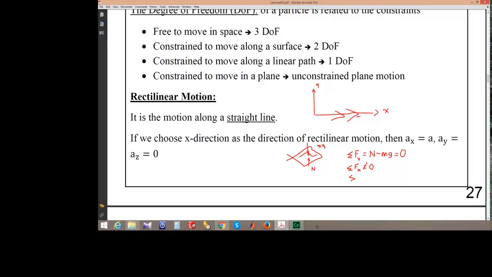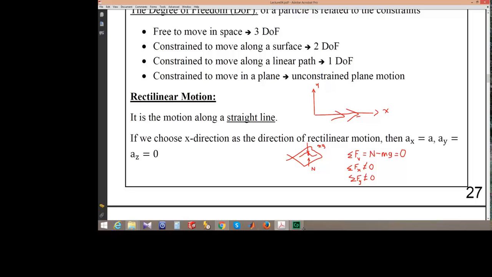And if it happens that it has a linear path, then you might as well choose your path in the direction of the motion. So instead of getting two scalar equations that are not equal to 0, you will get a single equation that is not equal to 0. But again, you're free to choose this axis.